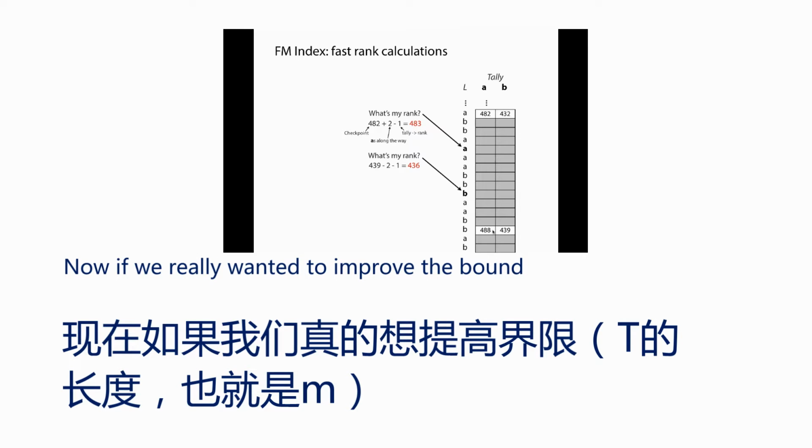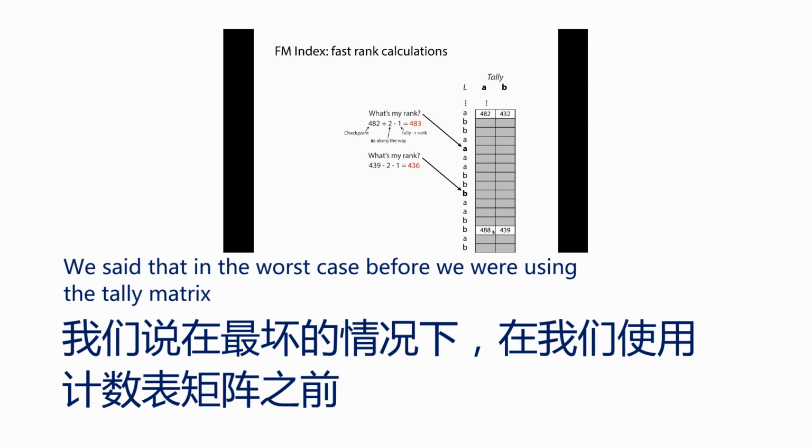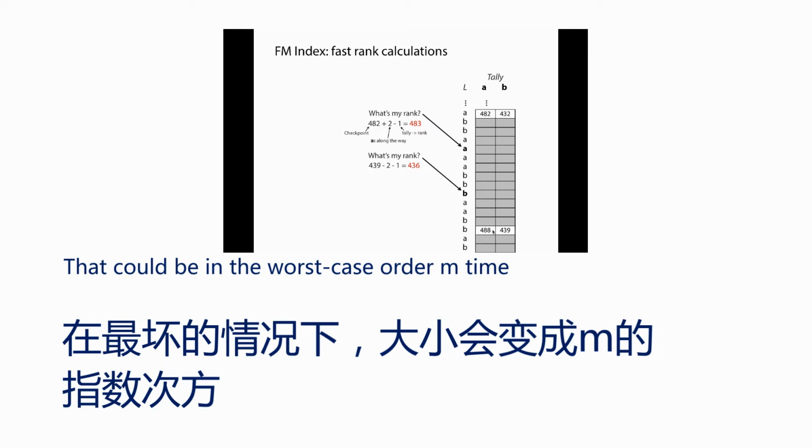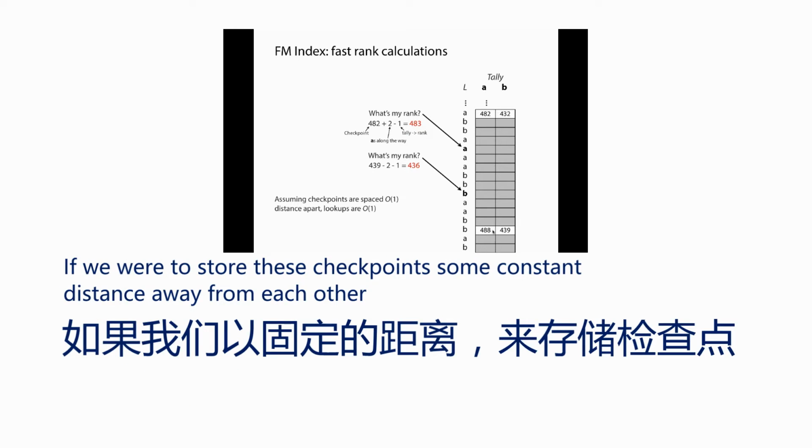Now, if we really wanted to improve the bound, we said that in the worst case before we were using the tally matrix, looking at all the characters in the Burrows-Wheeler transform matrix that correspond to some range, that could be, in the worst case, order m time.